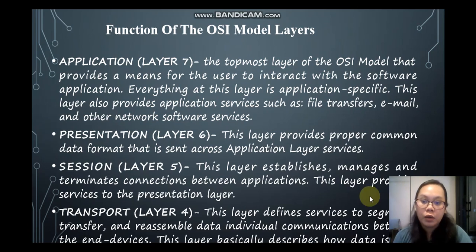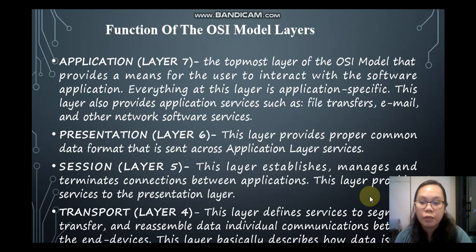Presentation, or layer 6. This layer provides proper common data format that is sent across application layer services. Session layer. This layer establishes, manages, and terminates connections between applications.